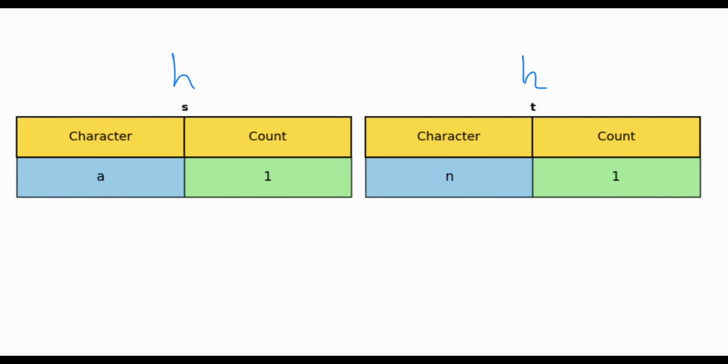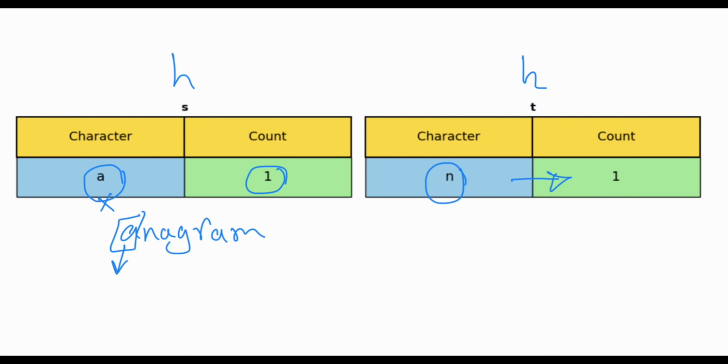For the word s, we have anagram, and we can see we have one character A here, and we count that character, that is 1. This is the index, we only count the first index. And for t, the first character is N, so we put here the count of N as 1.